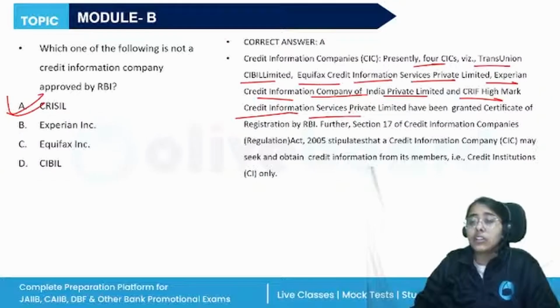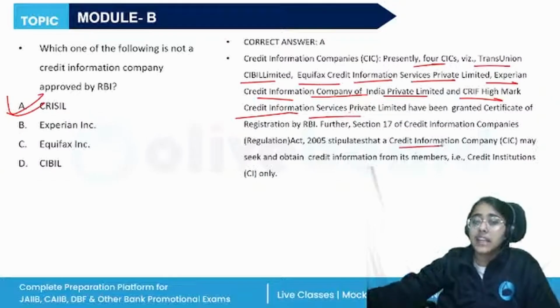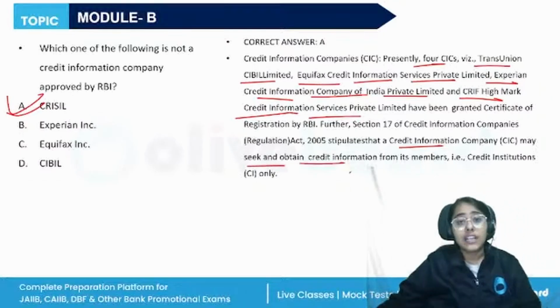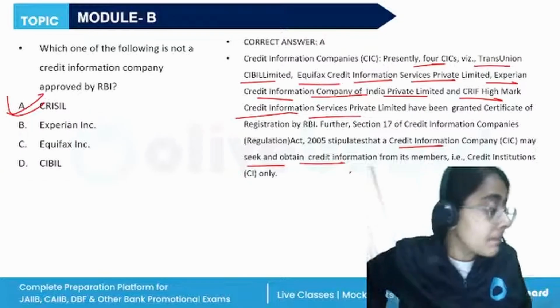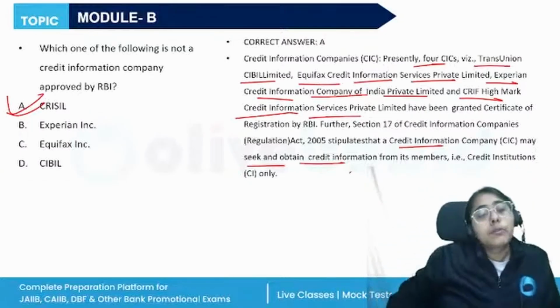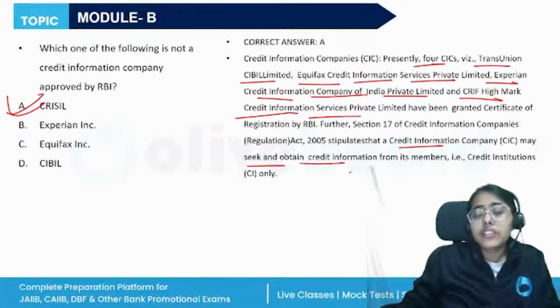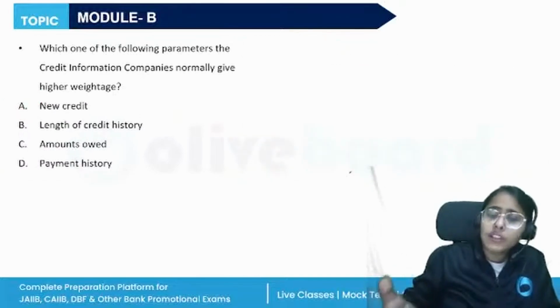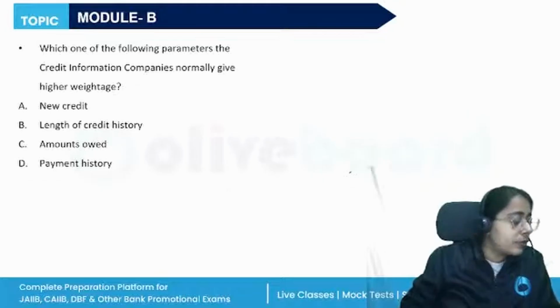Section 17 of the CIC Regulation Act stipulates that a CIC may seek and obtain credit information from its members only. So the credit institutions, banks, financial institutions have to be members of the CIC. They will provide the information related to an unpaid due, default, NPA, and on the basis of that, the credit report will be prepared.